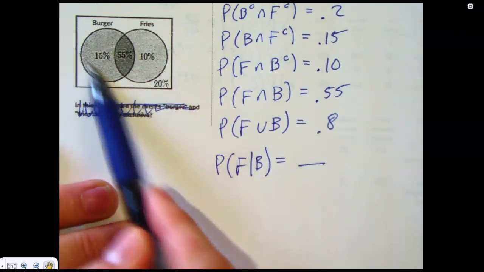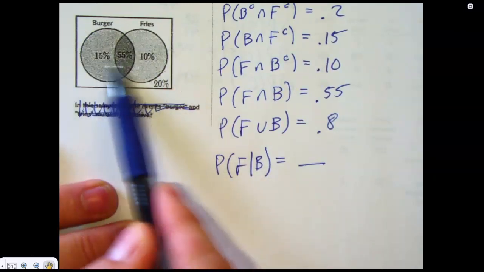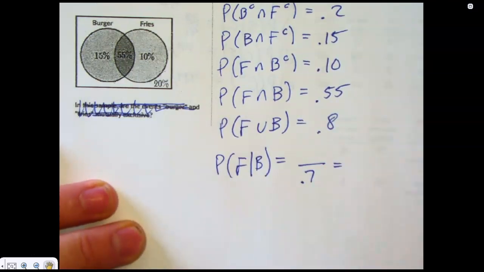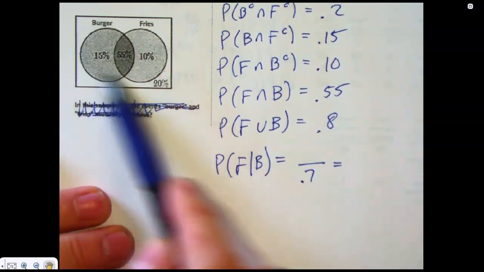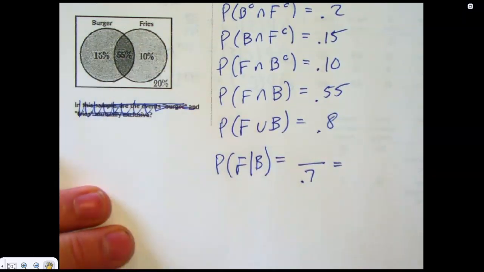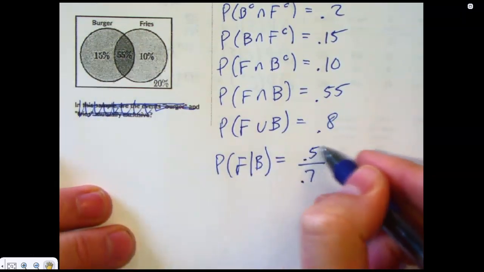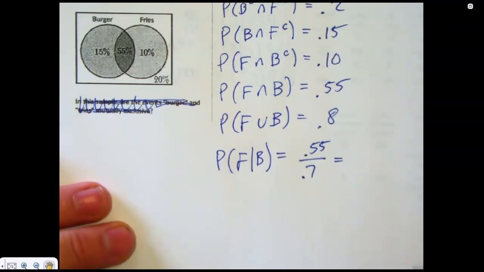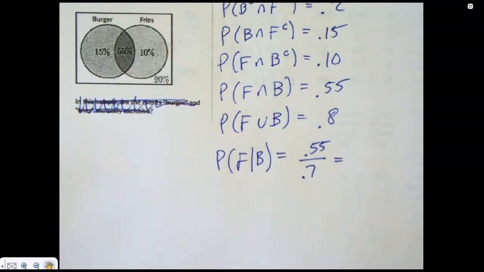The burger circle is this one here. If you add up those two numbers, it's 0.7, right? In that burger circle, what percent of it has fries? That's the 0.55. You see where we get those two numbers from? And then divide it out. I don't really care what the division is. We just stop there and say, everybody knows how to type division in the calculator.